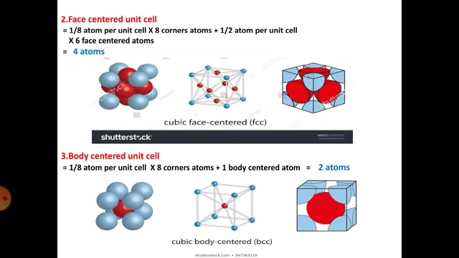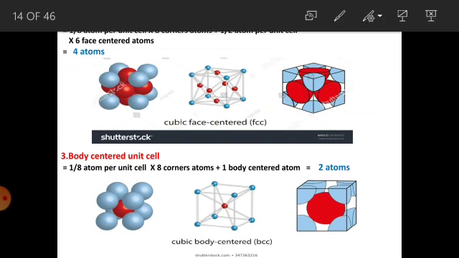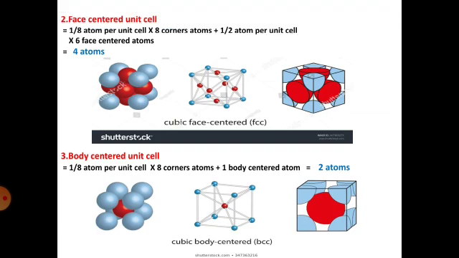Second one, the face-centered unit cell. In a face-centered unit cell, we know that there are 8 corner particles, and apart from those 8 corner particles, there are 6 particles present at the faces. The 8 corner particles are shared by 8 neighboring unit cells, so the contribution per unit cell is 1/8. We know that well.